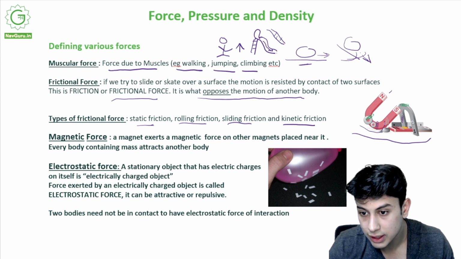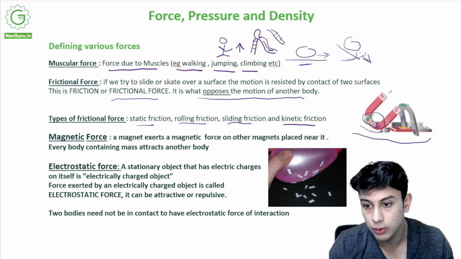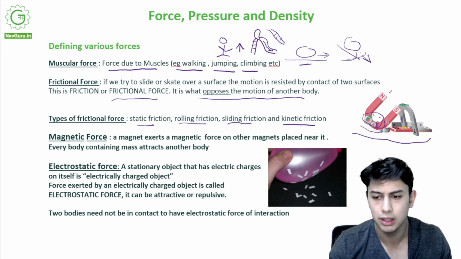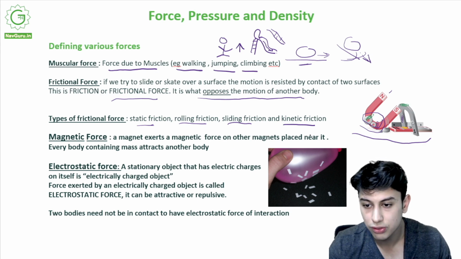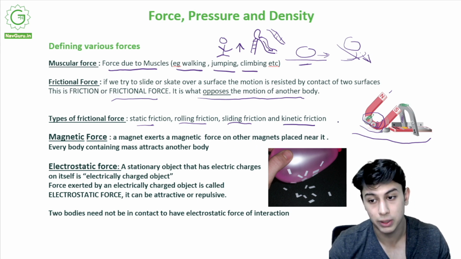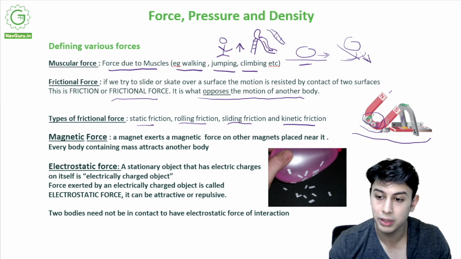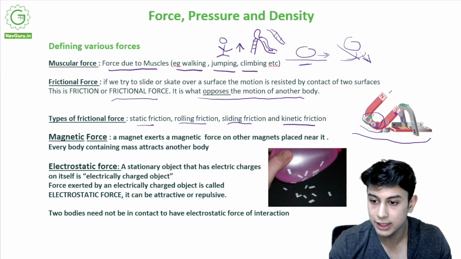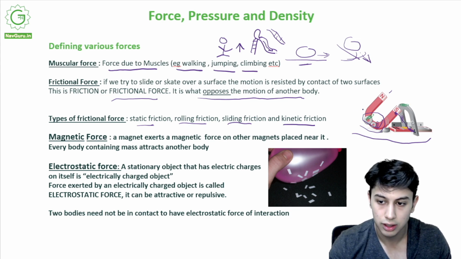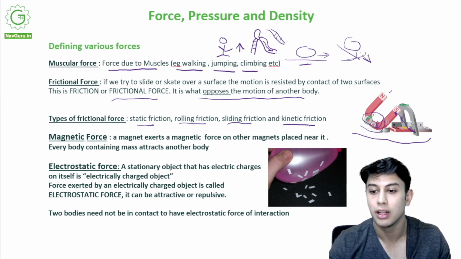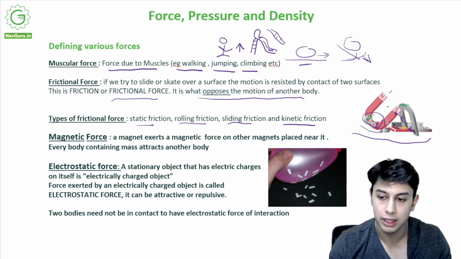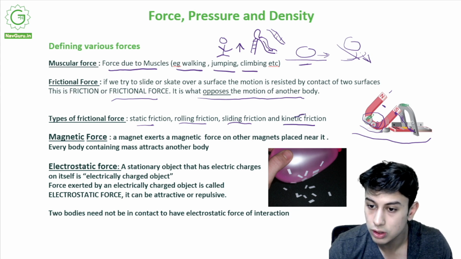Here you can see it has attracted everything around itself, that is metal. What do I mean by repulsion? Suppose there is south and south, you put them together, they will repel, they won't connect. That is repulsive force. If I put north and south, that will attract, that is attractive force.